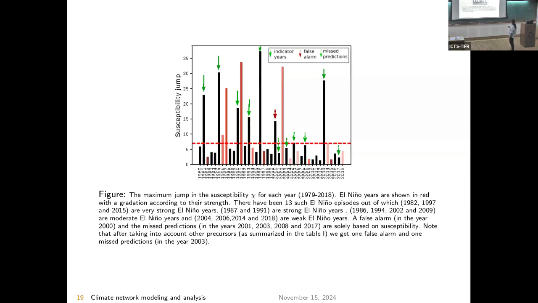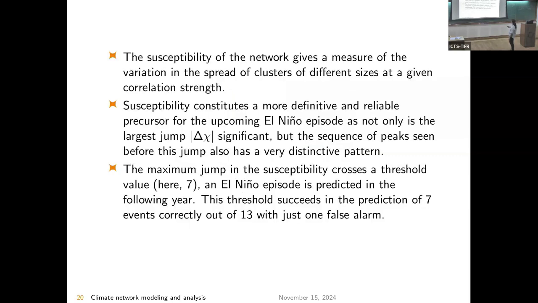So in order to summarize, as I talked, it has a distinctive pattern and it crosses the threshold, which we have kept at 7 here. The threshold succeeded in predicting 7 events correctly out of 13, with just one false alarm.